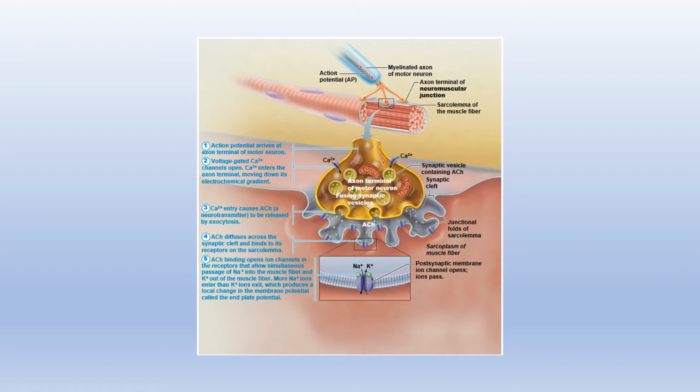As you move away from the axon terminal, you now find a space or a gel-filled space known as the synaptic cleft. And as you move through that space now, you find the junctional folds on the sarcolemma of a muscle fiber. Within those folds, we find receptors where acetylcholine will bind to.